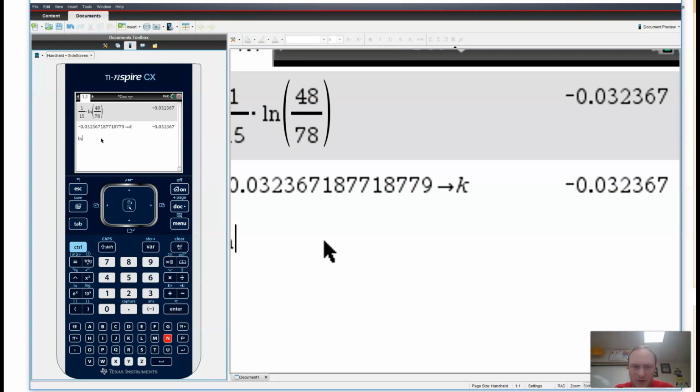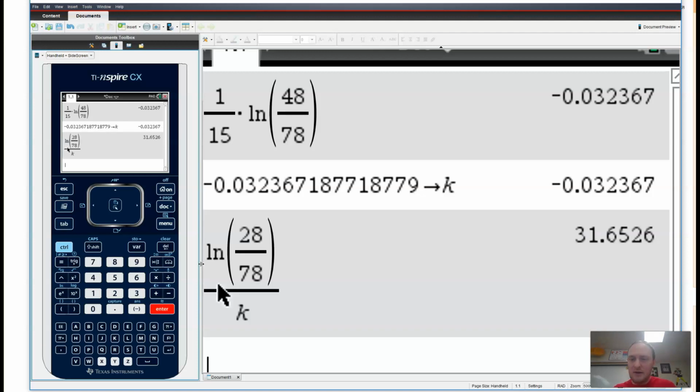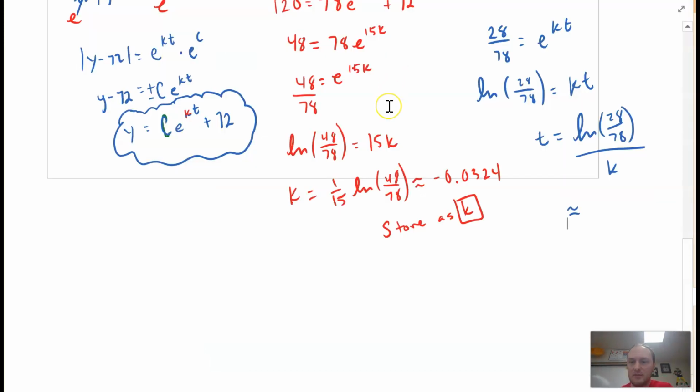I apologize that this isn't letting you see that. I'll punch in the natural log of 28 divided by 78, close that, and then divide that by k. Okay, and we get 31.6526. So rounded to the nearest minute, that would be approximately 32 minutes. All right, and that's the answer.